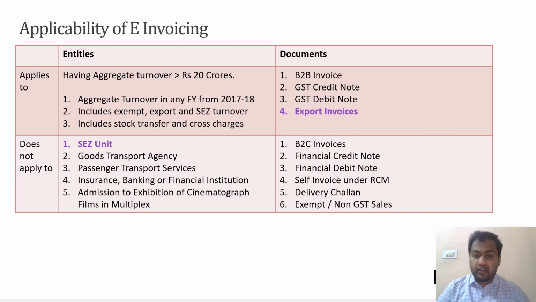But what are the documents I don't have to cover in e-invoicing? B2C invoices, financial credit notes not having an impact on GST, financial debit notes not having an impact on GST, self invoices under reverse charge mechanism when I receive services which are liable to tax under reverse charge, delivery challans, and exempt or non-GST sales like alcohol.